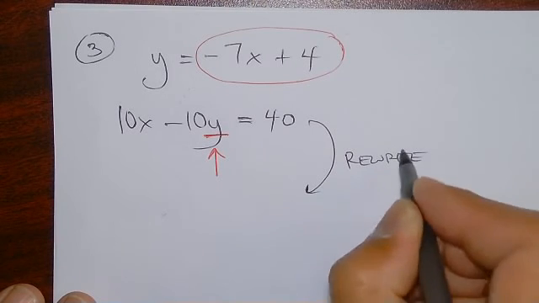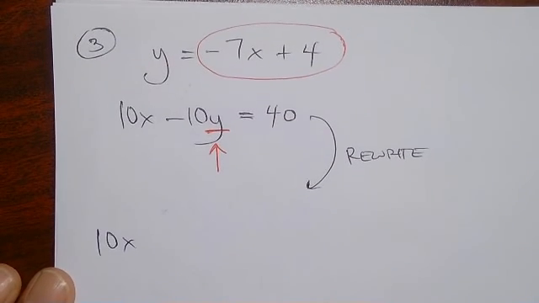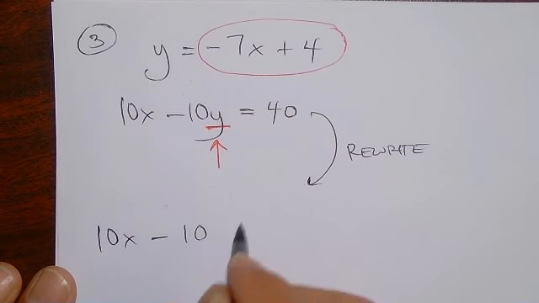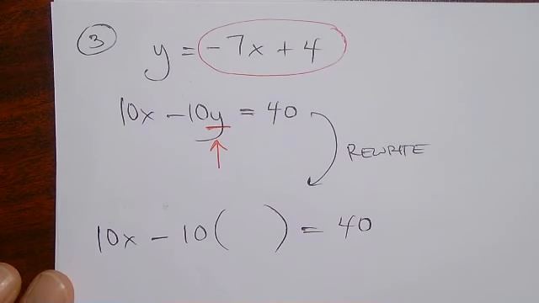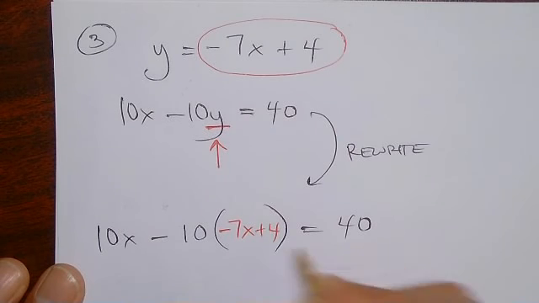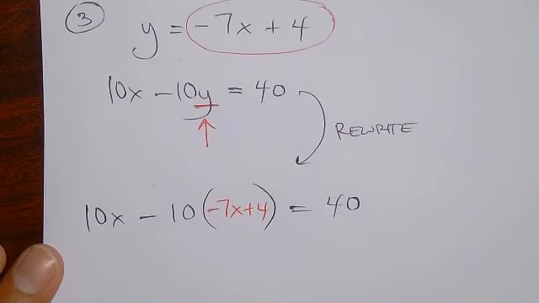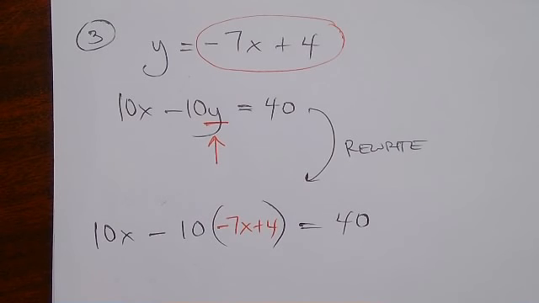If you did that right, now when you rewrite it, it is going to be 10x minus 10 times something equals 40. Jaden, are you writing this down? Did you do that? You should have written this. Okay, if you did that part, you're good. Continue from there.